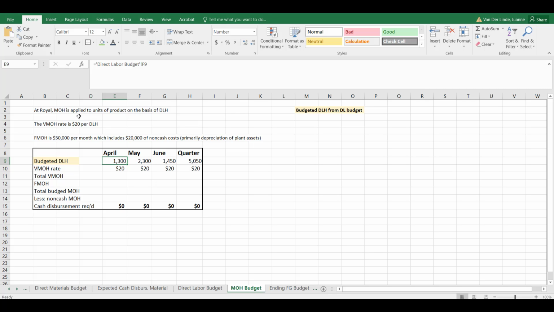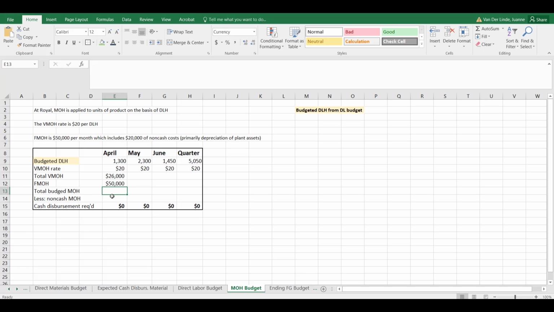Well, if the variable manufacturing overhead rate is $20 per direct labor hour, we can simply take the total amount of budgeted direct labor hours times the variable overhead rate of $20 per direct labor hour to determine that the total variable manufacturing overhead that we estimate we will incur in April is $26,000. The fixed amount of manufacturing overhead, however, each month is $50,000.